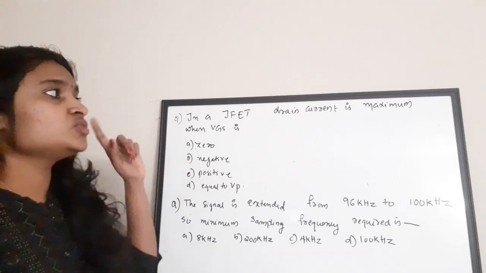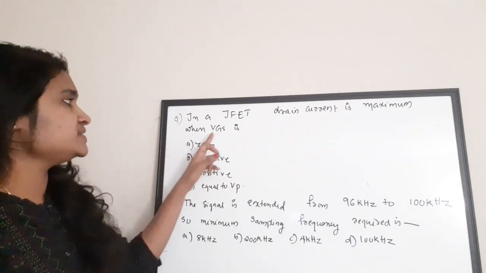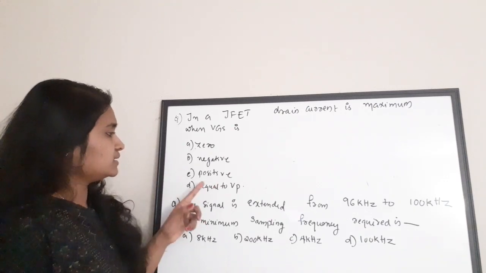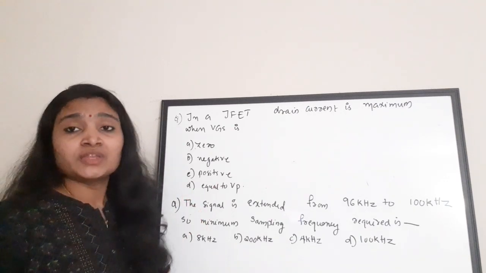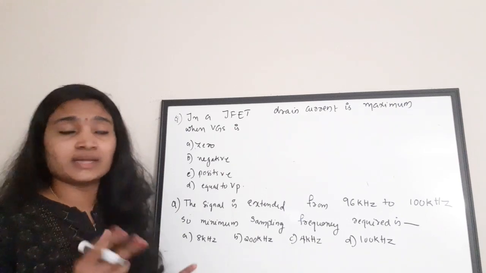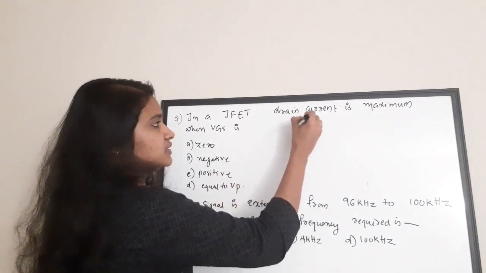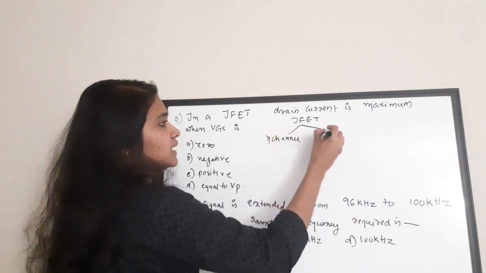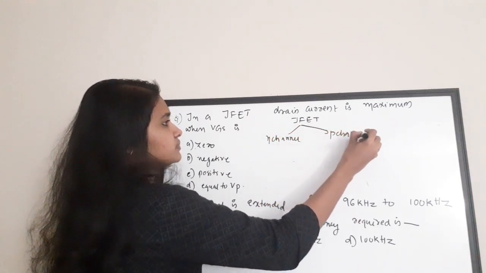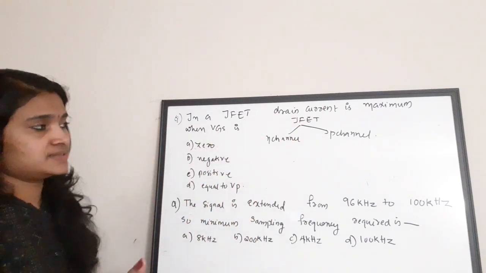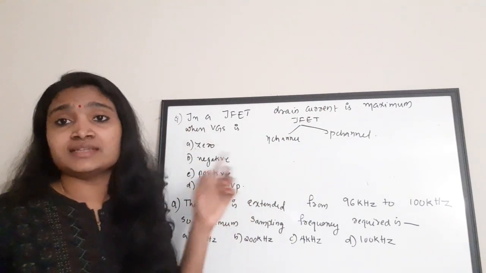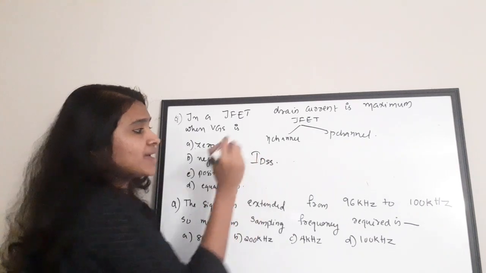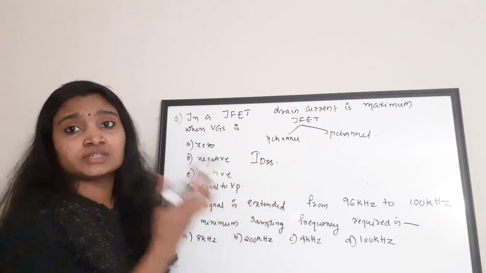In a JFET, drain current is maximum when VGS is dash. A, 0. B, negative. C, positive. D, equal to VP. So JFETs are basically of two types, N channel JFET and P channel JFET, right? For both these cases, the drain current is maximum, and it is called IDSS, the maximum drain saturation current.